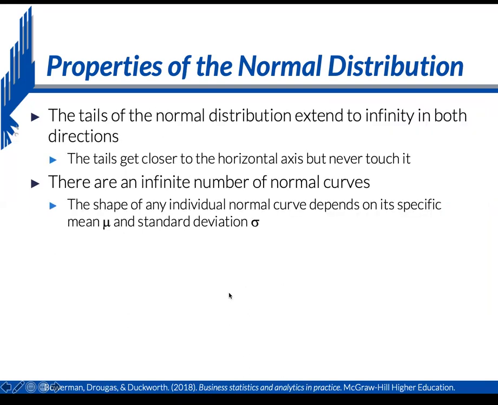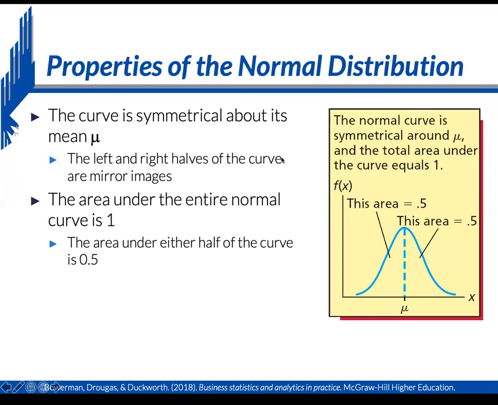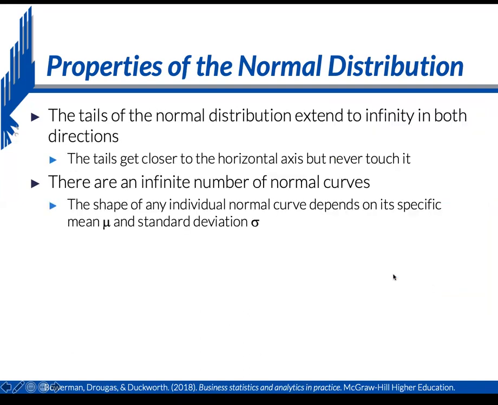Now, the tails of the normal distribution extend to infinity in both directions. So this tail extends to negative infinity, while this tail extends to positive infinity. And those tails get closer to the horizontal axis, but they never touch it. Because again, in a continuous random variable, there are infinite possible values.